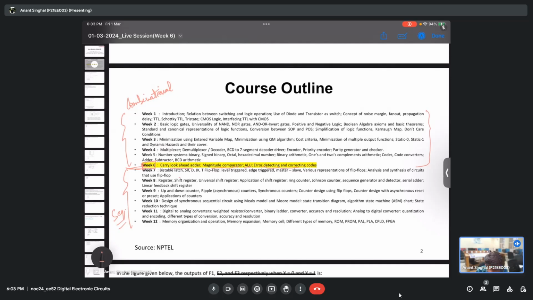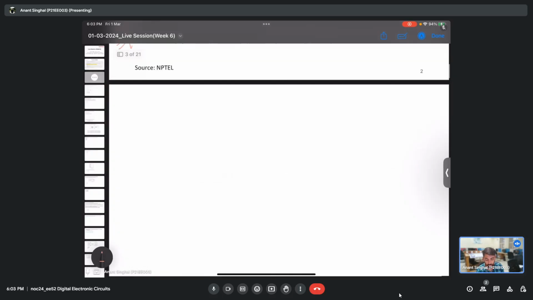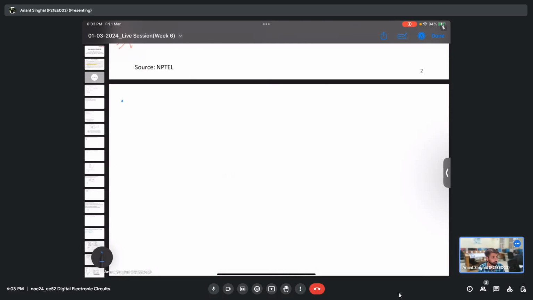Before starting this week's topics, in the last week we were left with a single question on 2's complement, so I'll be solving that question first. If you have not done it, I'm just doing it again. Given the binary numbers x, which is 1010100, and y, which is 1 followed by four 0s and double 1.